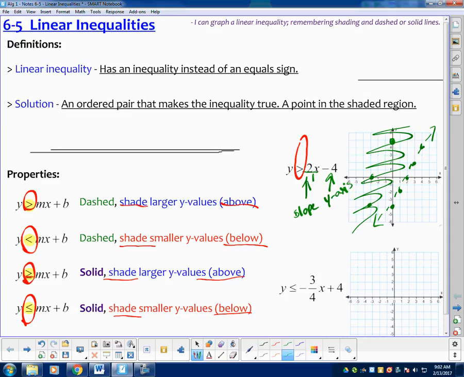Okay, so let's pick 0, 0, because that's an easy one to pick. If I put a 0 in here, what's 2 times 0? What's 0 minus 4? -4. Is 0 greater than -4? Is that true? Yes. Okay. I can pick anything in the shaded area and it's a solution.